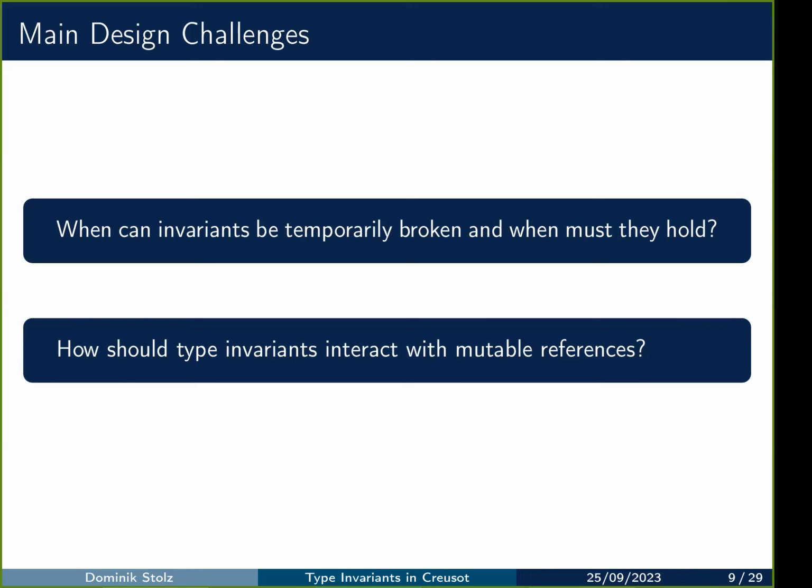So the first main design question is how can we enable invariants to be temporarily broken, and how do we restore them? And this is important because operations might want to internally break the invariant as long as at some later point the invariant is restored again. And the second main design challenge of supporting type invariants in Creusot is how type invariants should interact with mutable references.